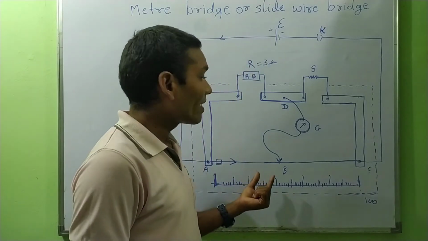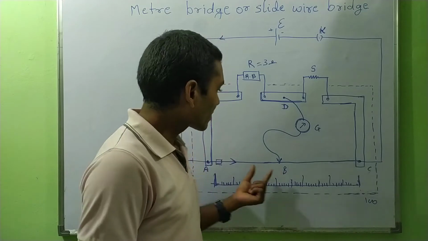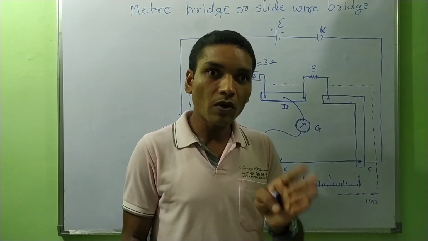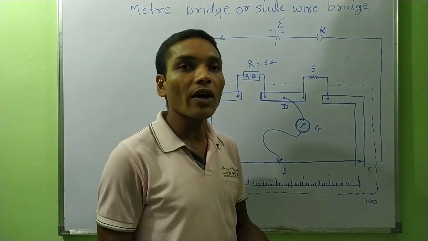If this were a conductor wire, the resistance per unit length would change. That's why this wire is taken of alloy.